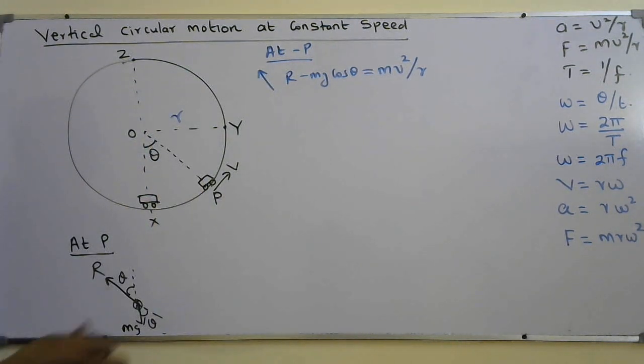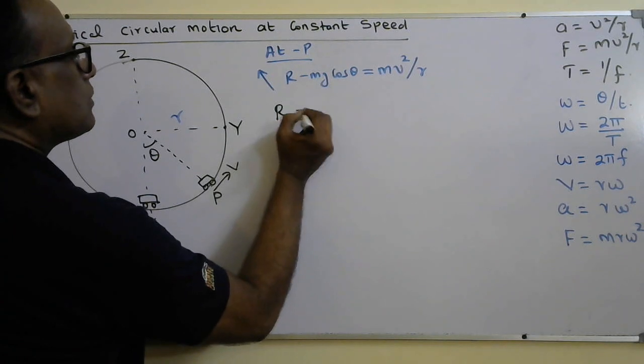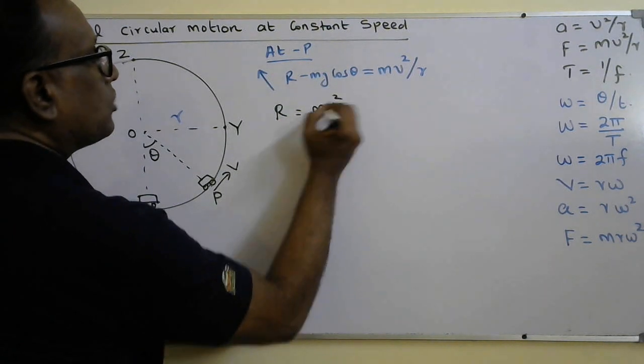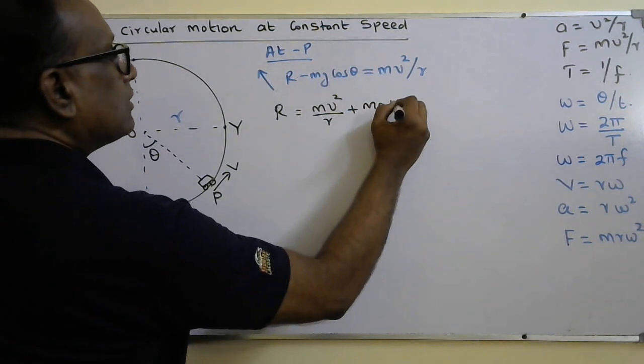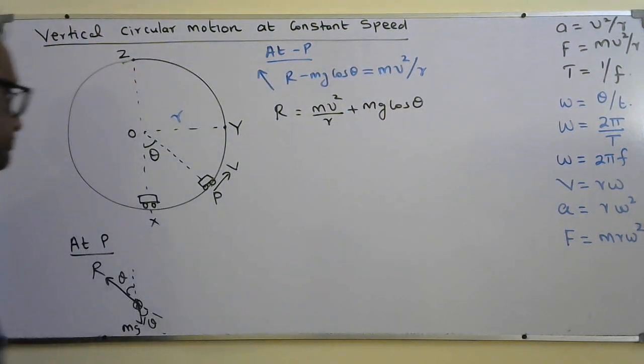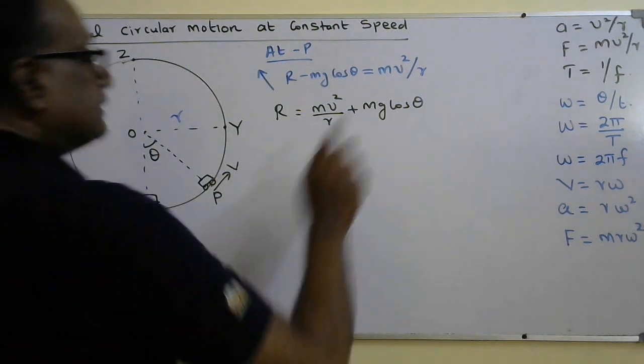So R is going to be mv squared over r plus mg cos theta.